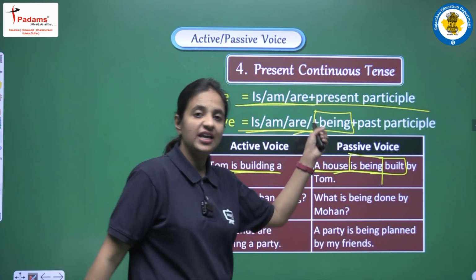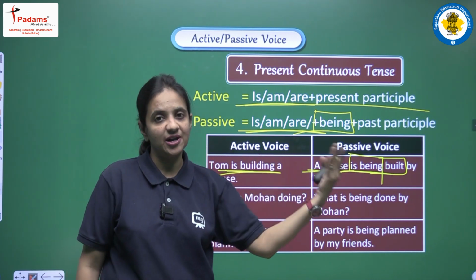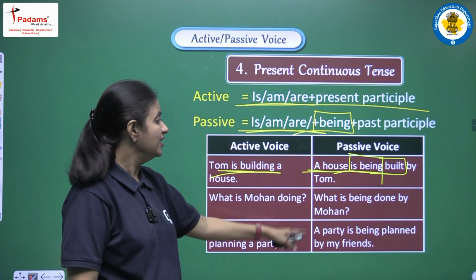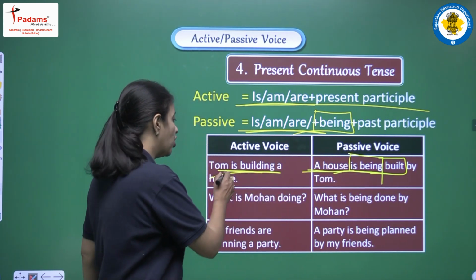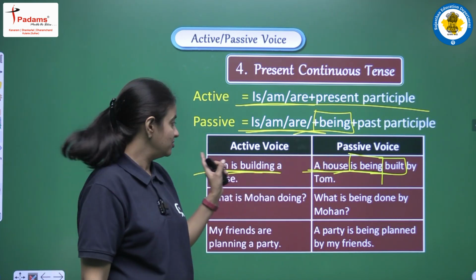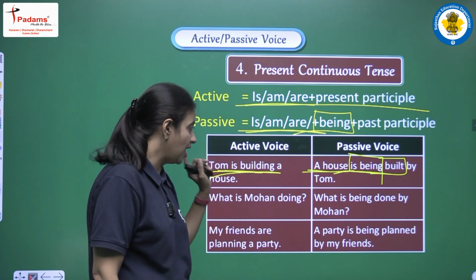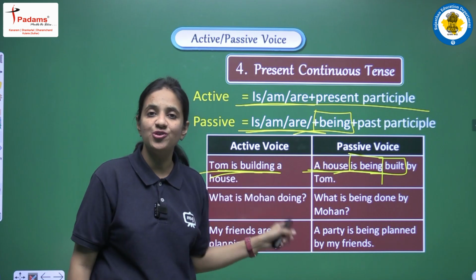The third form of build is built. Okay, so is, are, am has to be changed to is being, are being and am being. So we are writing is being, then third form of build is built. Tom is a noun, so there will be no change and we will write by Tom. So sentence is Tom is building a house. Passive voice will be a house is being built by Tom.